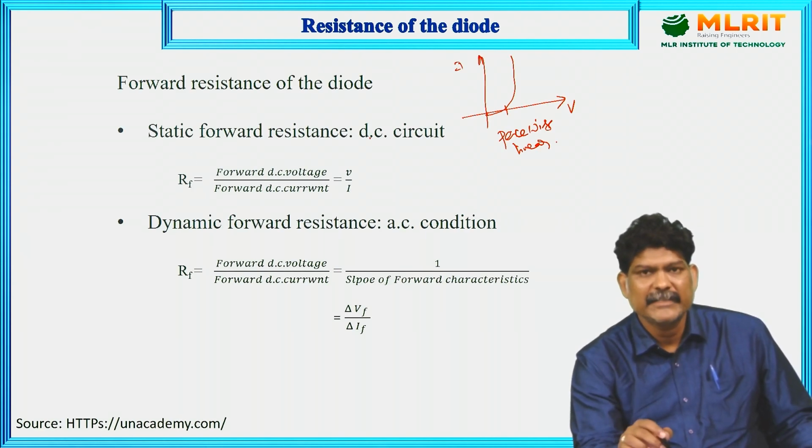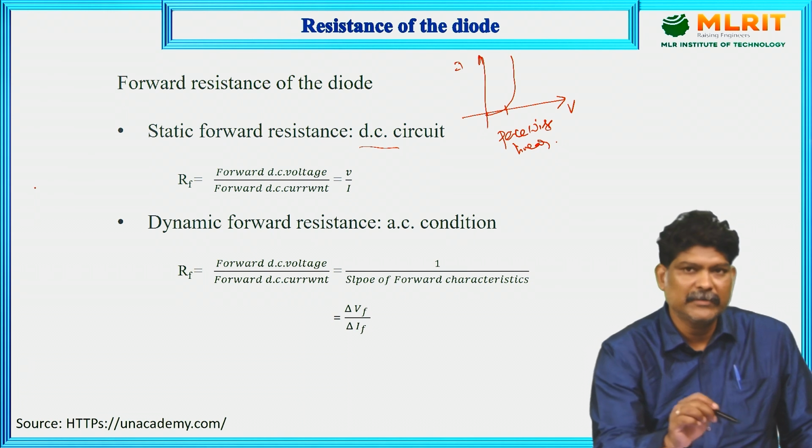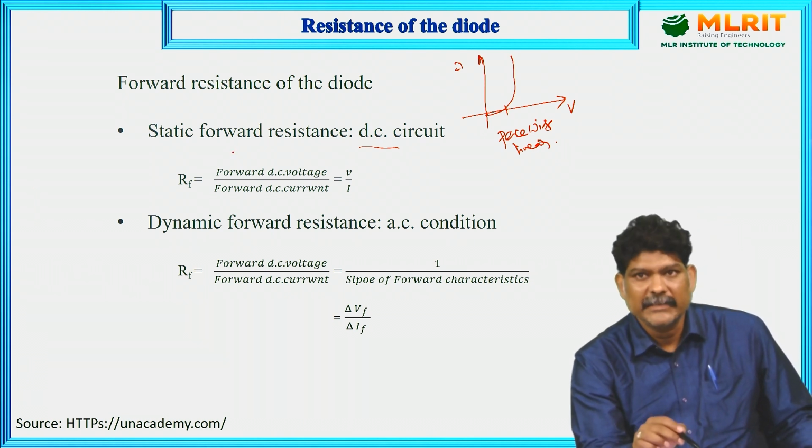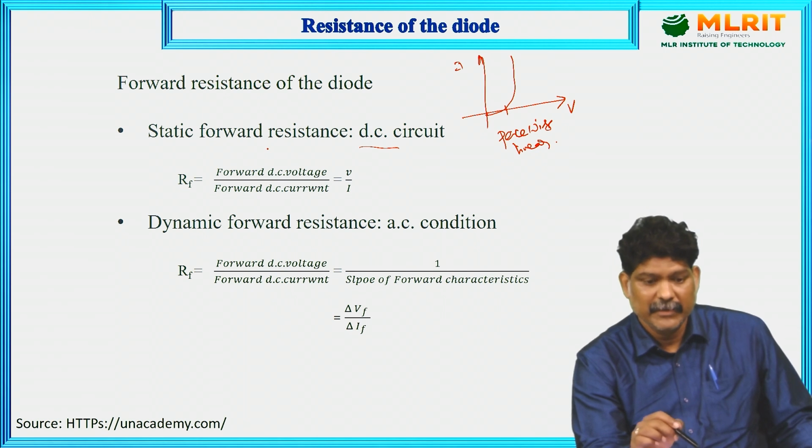static forward resistance means when the diode is supplied by a DC source. When the diode is supplied by a DC source, then the resistance offered by the diode is called static forward resistance. So, it is given by RF is equal to forward DC voltage upon forward DC current.